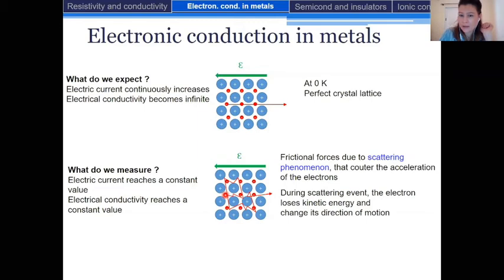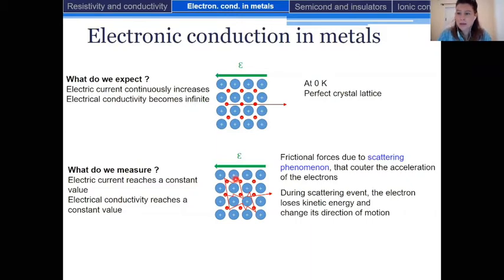It will encounter this ionic core, and its direction will be changed, and as you can see, it will encounter many ionic cores, and so its direction in the material won't be linear. In each scattering event, the electron loses kinetic energy. It is transferred to these ionic cores, in this representation.